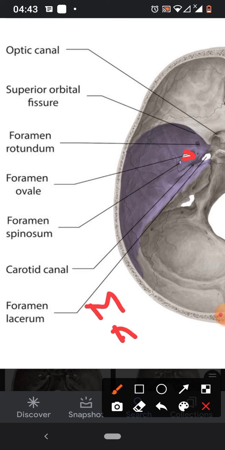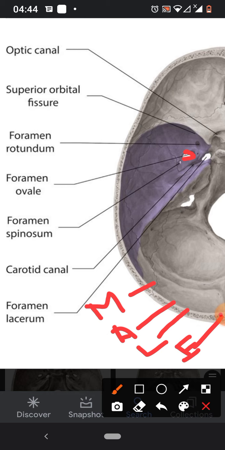M is for the mandibular nerve, A is for the accessory meningeal artery, L is for the lesser petrosal nerve, and E is for the emissary veins, and these emissary veins are connecting the cavernous sinus with the pterygoid plexus of veins. Okay, so these are the structures passing through the foramen ovale.